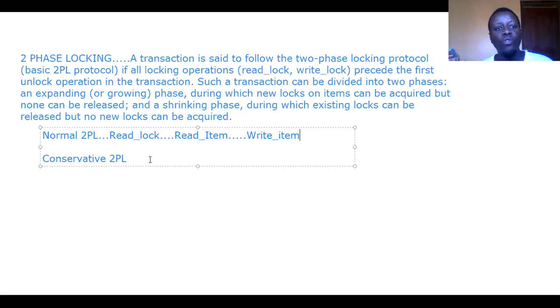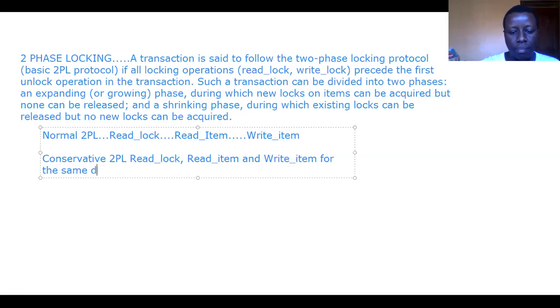But now with conservative 2PL, it means that if you read lock, read item, and write item for the same data item, if it's X, it is X all through, till you're through.